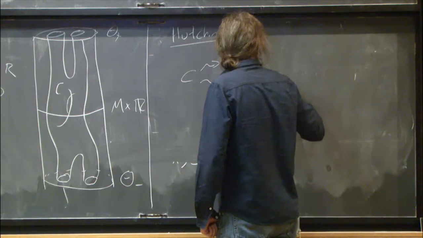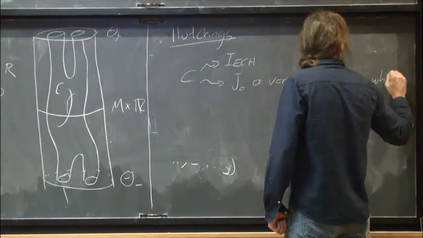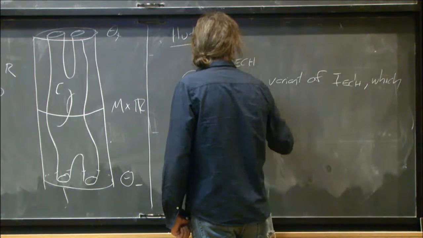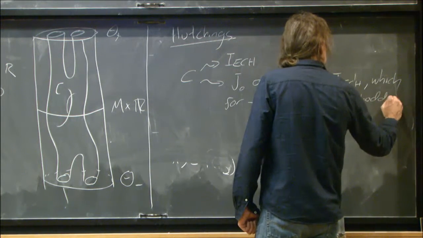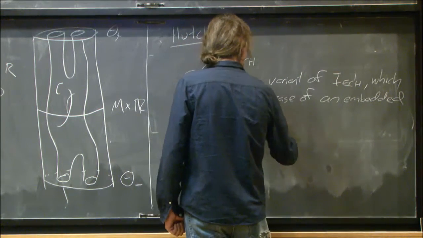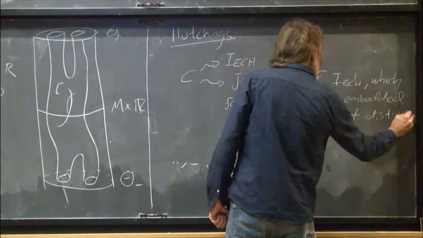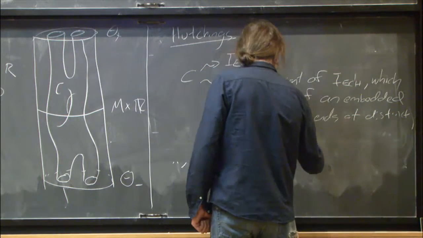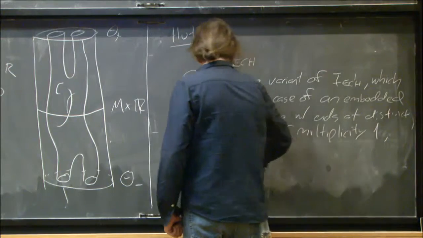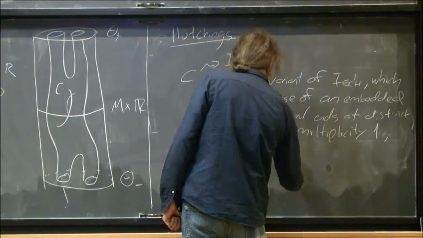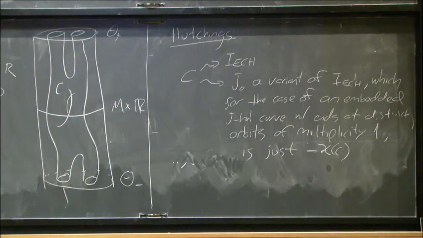So we can say this is a variant of the ECH index, which for nice curves, so let's say for the case of an embedded J-holomorphic curve with ends at distinct orbits, and we should put of multiplicity 1, I guess, just to be sure about everything, is just minus the Euler characteristic. Okay. So in some sense, it's like the topological complexity of the thing.